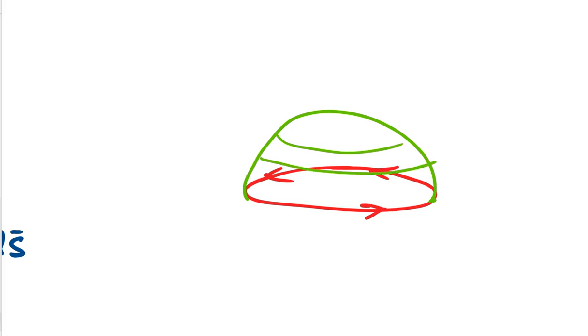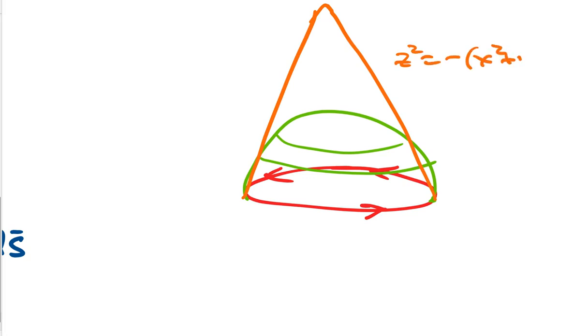So what you could have is a curve like this, like a nice circle or oval or something like that. And your surface, the surface for which C is a boundary, can be like this, or it could be like this. So you could have something like z squared equals x squared plus y squared.